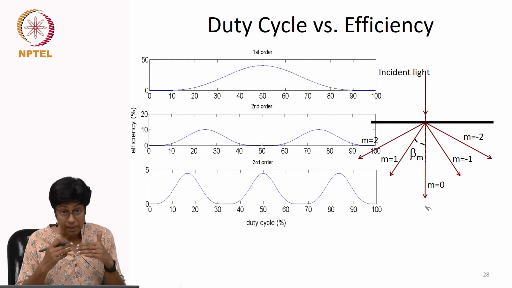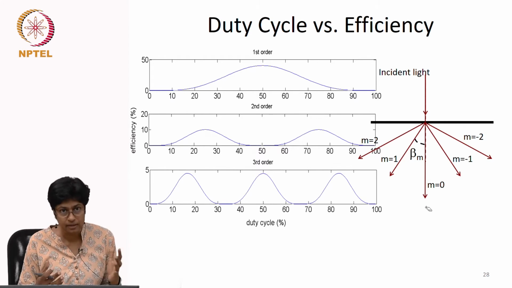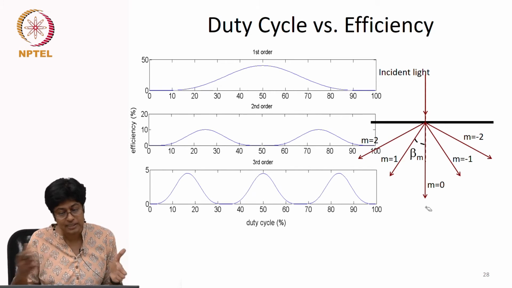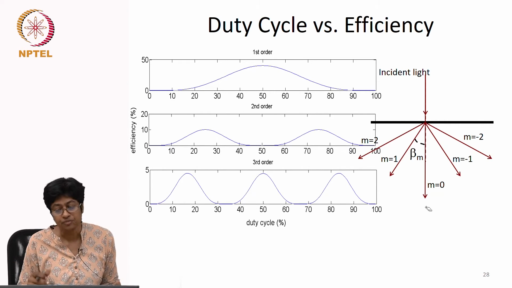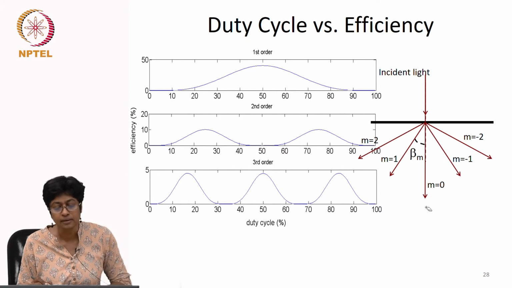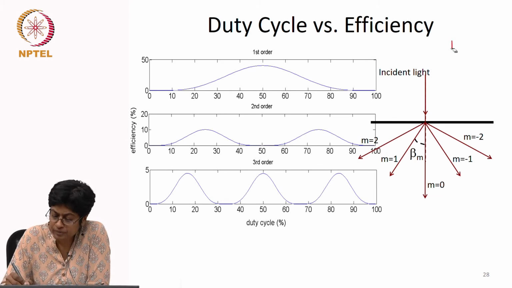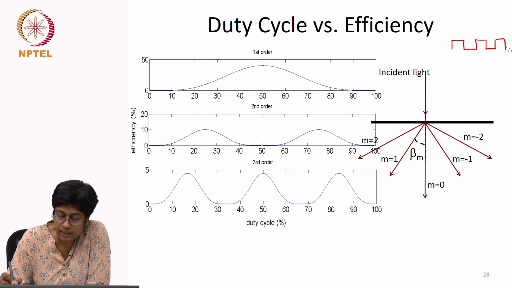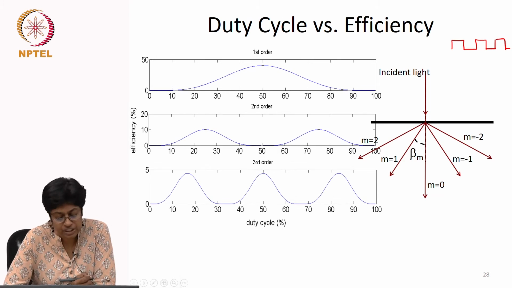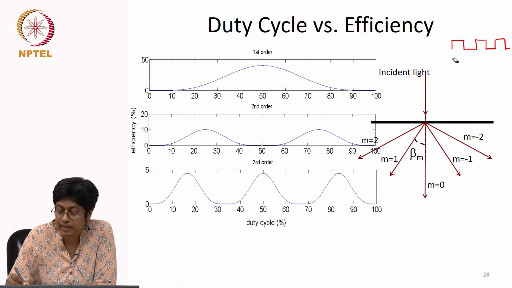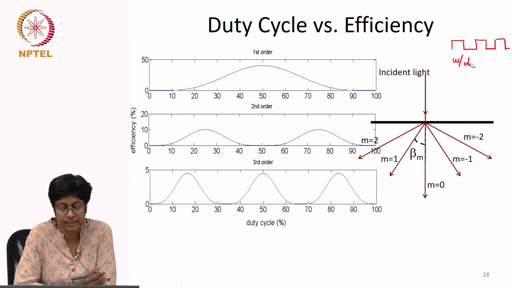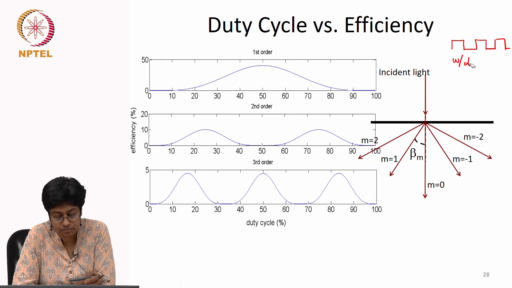If you measure or calculate the efficiencies in all of these orders, you will find for what we call a binary grating, if you study the efficiency in the existing orders, as you change the duty cycle, that is, as you change W by D, right?